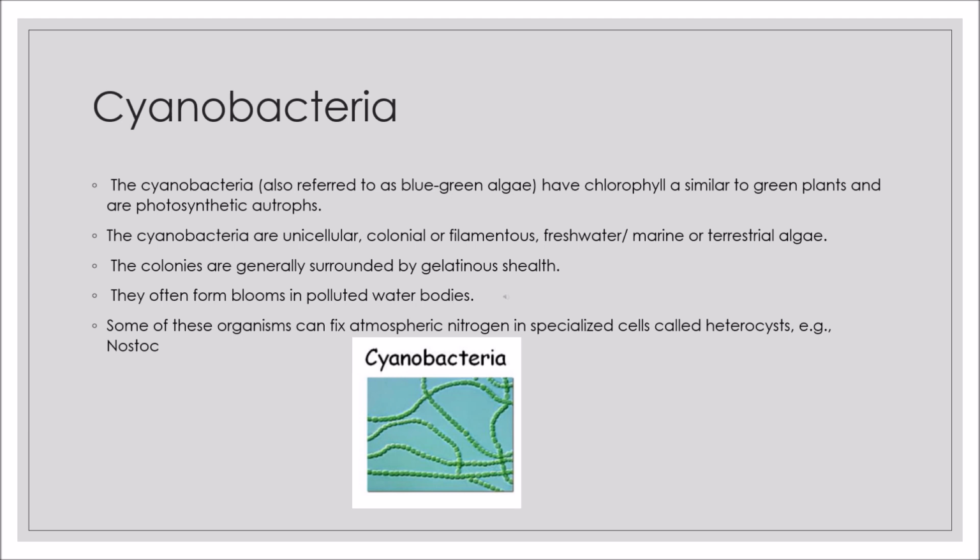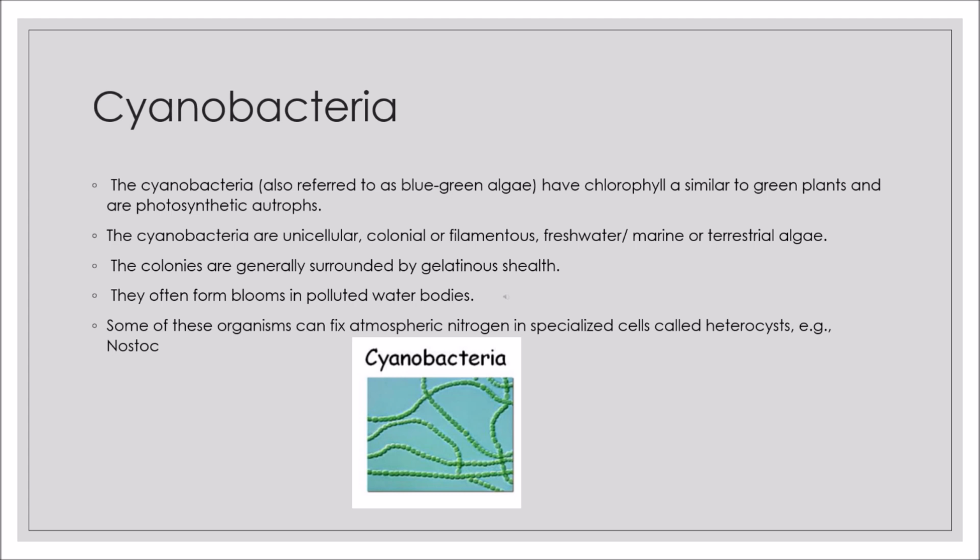These colonies, these groups of bacteria, are generally surrounded by a gelatinous sheath. So on a sticky substance only, these colonies of bacteria will be present. They often form blooms in polluted water bodies. These bacteria change their structure and form blooms in polluted or dirty waters.